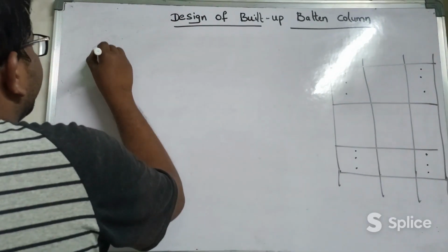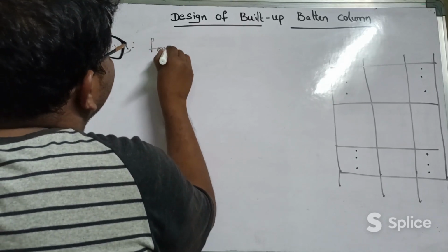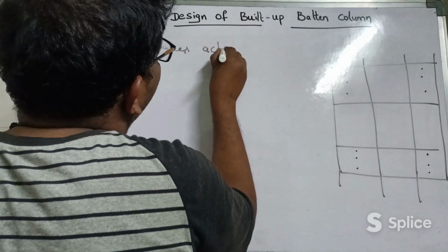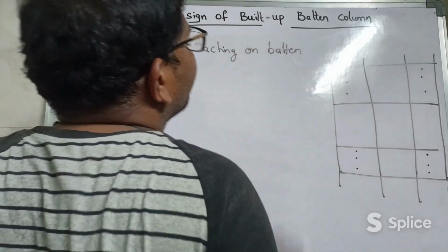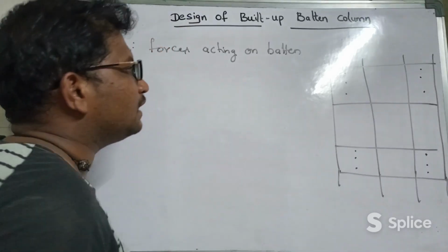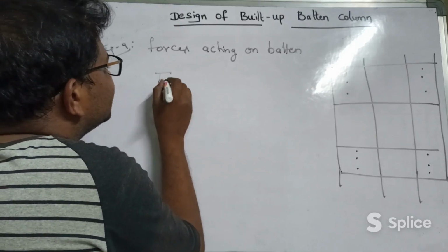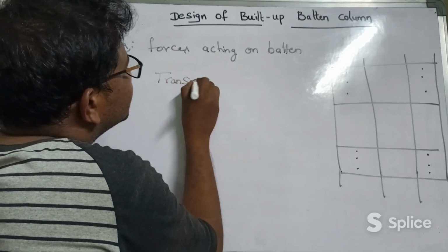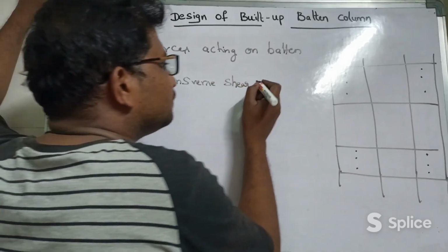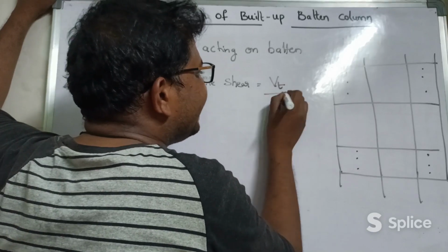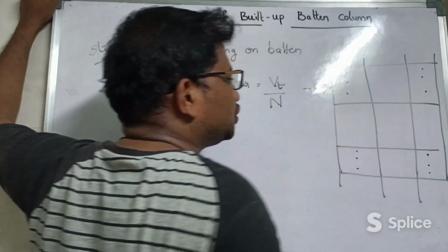Step number 9. Forces acting on batten. See, what are the forces coming onto the batten? First one, transverse shear. Transverse shear is equal to Vt by N. This is the transverse shear.